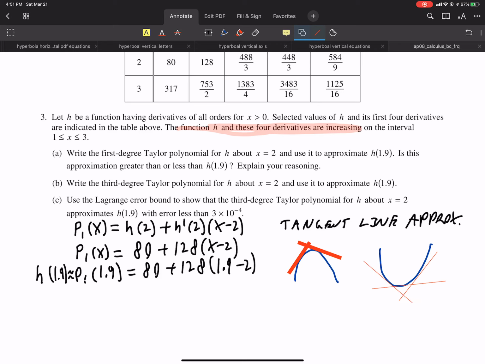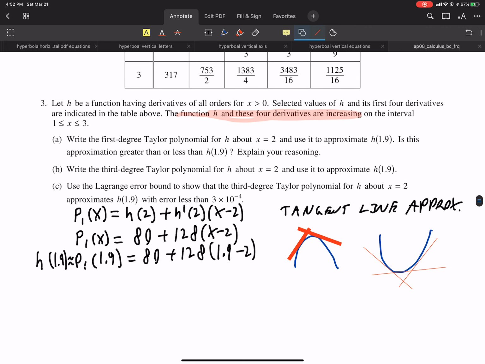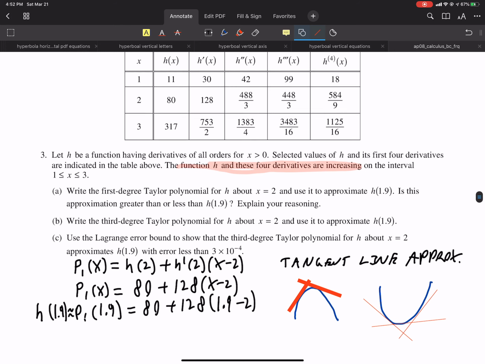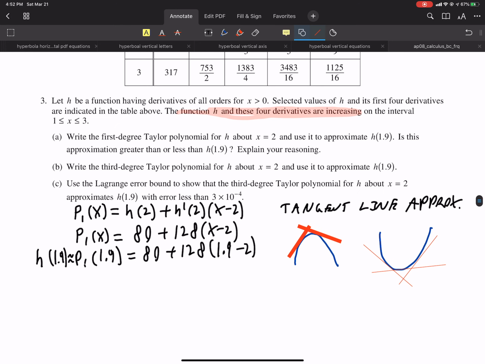So we just have to check the concavity. A couple of ways to do this. One option would be to say, since h prime is increasing, therefore h double prime is positive.